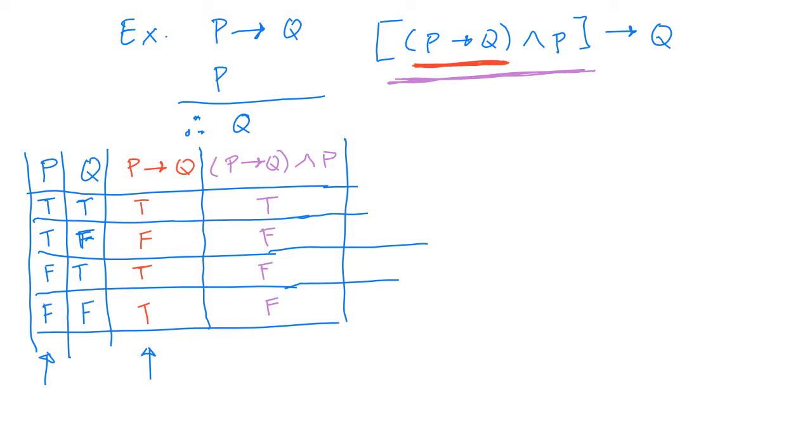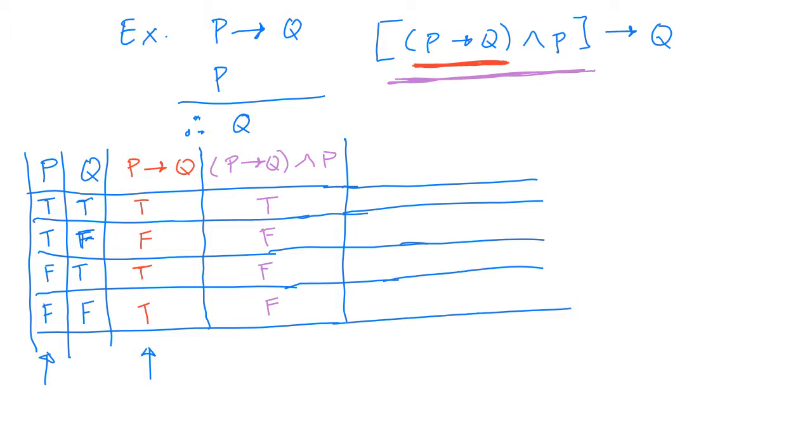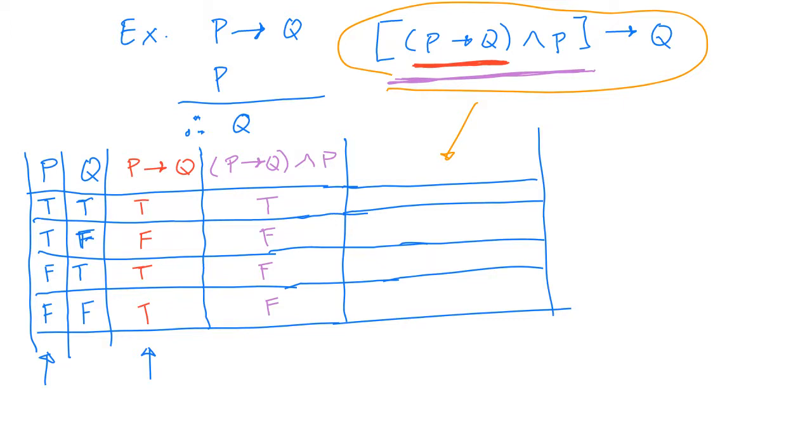Okay, so next we have to evaluate the last part, which is the entire expression. So that entire expression goes here. This whole expression goes here. And let's evaluate that by looking at the fourth column and Q, which is the second.